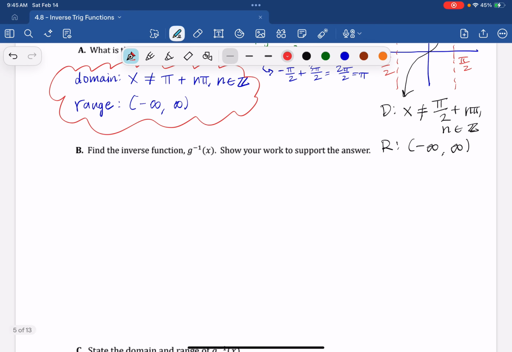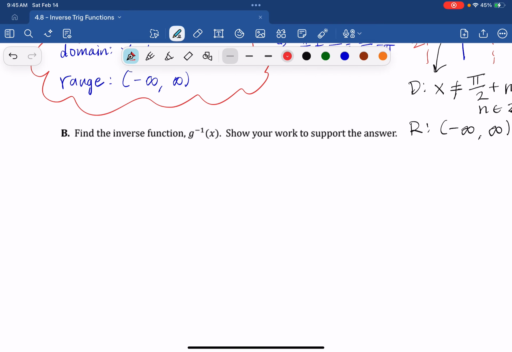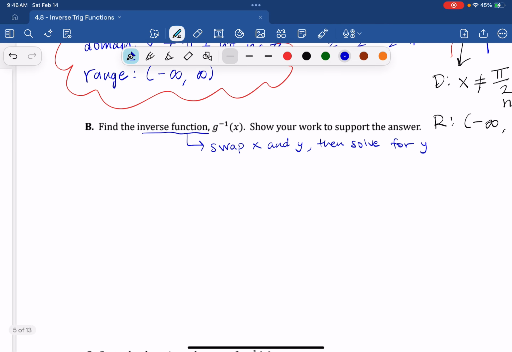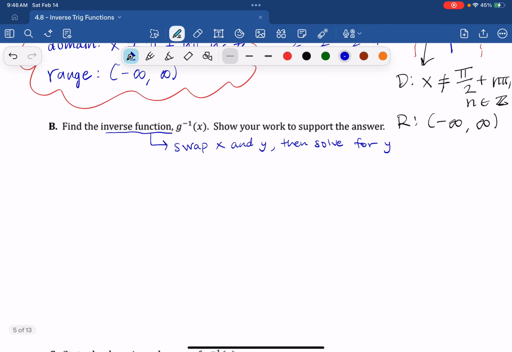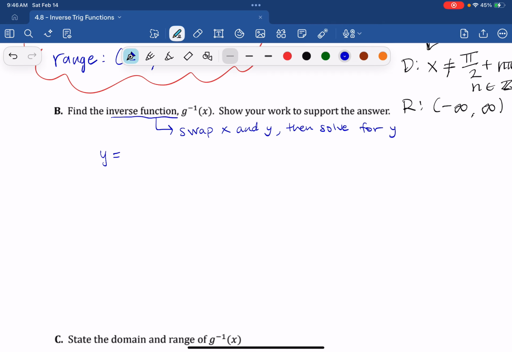All right, so now in part B, we want to find the inverse function g inverse. So we know that to find inverse functions, we have to do two things. We need to swap x and y, and then solve for y. So what is y? Well, y is just g of x. It's the same thing as y. So y is our function tangent of x minus 3 pi over 2 plus 4.